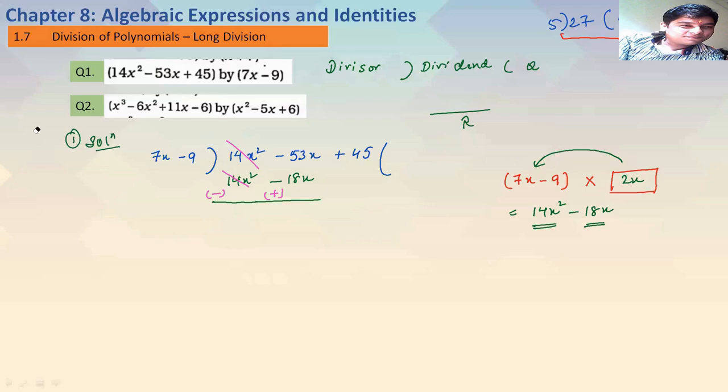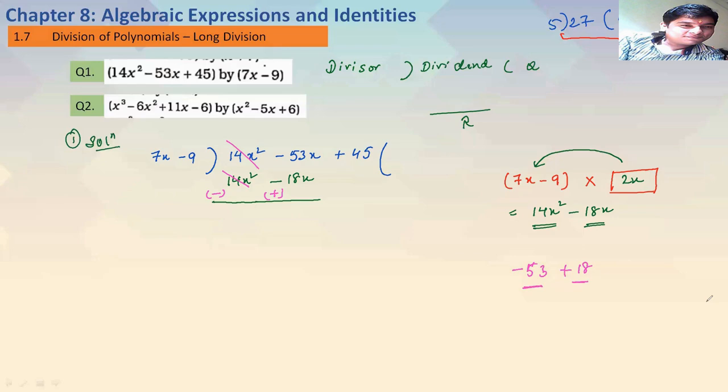Plus 61. Where does plus 61 come from? Look, we have a negative 53, a loan of 53, and a bank balance of 18, right? Negative 53 plus 18.